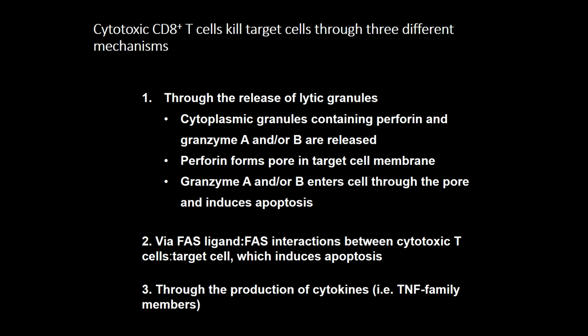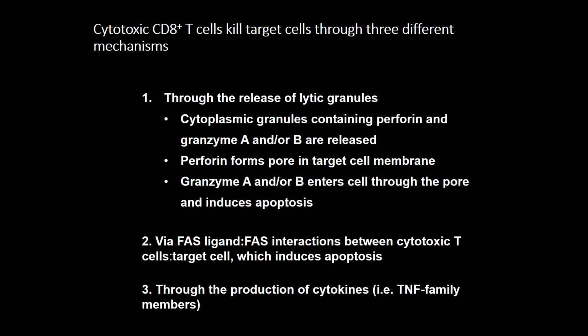One is they have granules, what we call lytic granules, and those granules contain perforin and granzymes A and B. And so when they recognize the target cell, they'll release some of these granules, and they will expose the membrane of the target cell to these components.